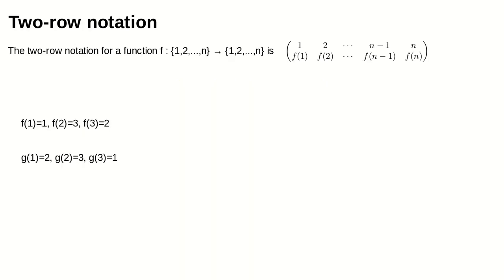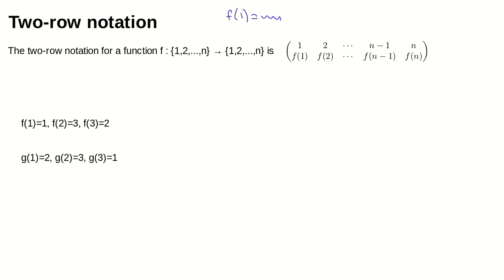Let's now look at some ways to record permutations. It was quite tedious for me to have to write out f of 1 equals blah, blah, blah every time to specify every single value that a permutation f takes. So for that reason we have a special kind of notation for elements of the symmetric group Sn called two-row notation.